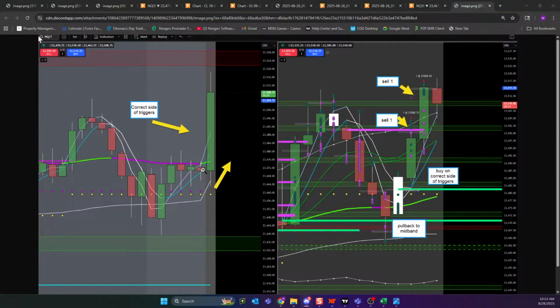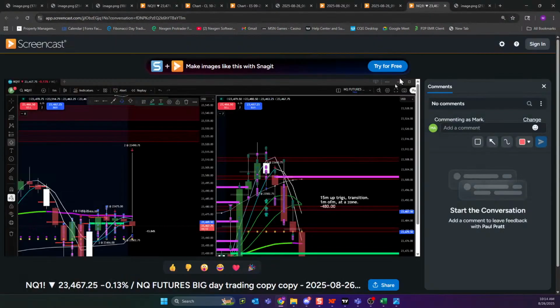Miss Jen, correct side of strong triggers, pulls back to all of the areas. You get in on the correct side of the triggers, manage out at the first side of trouble, manage out at the second side of trouble. Because the large chart says nothing in the way in the strong side of triggers, you thought odds favorable momentum would drive it?